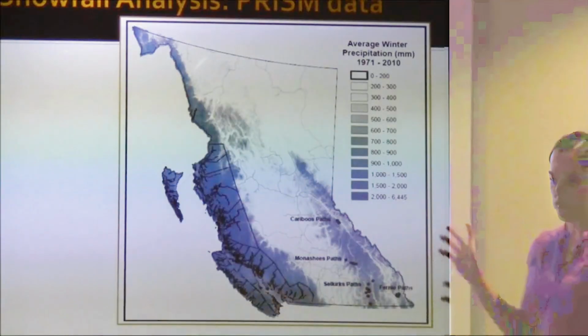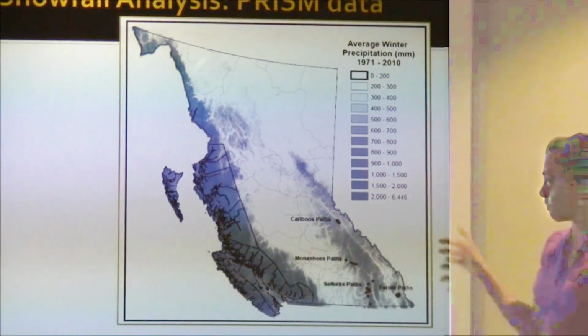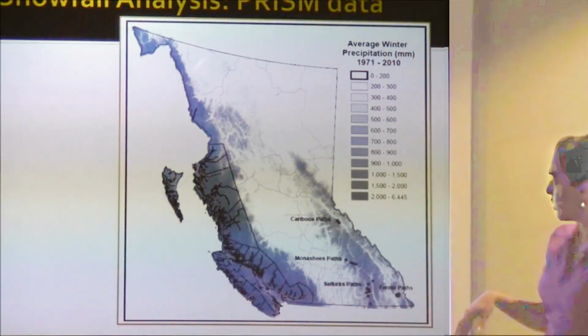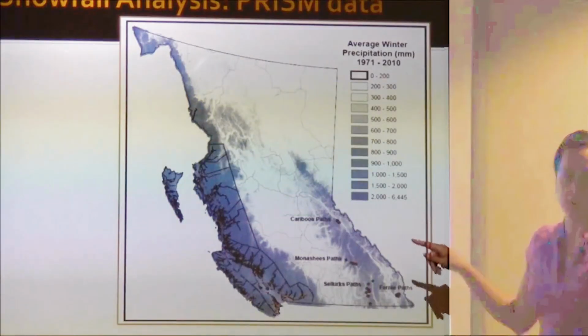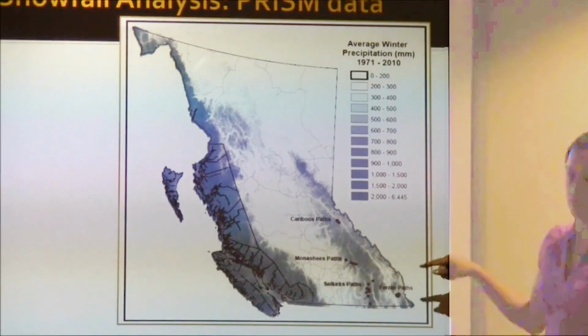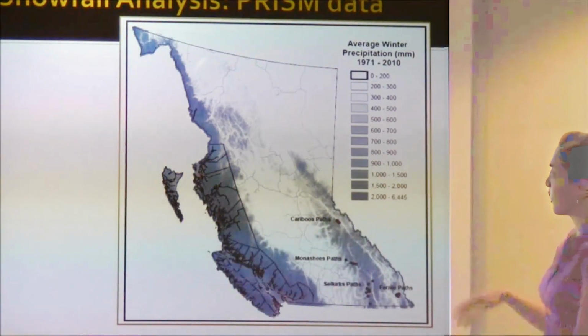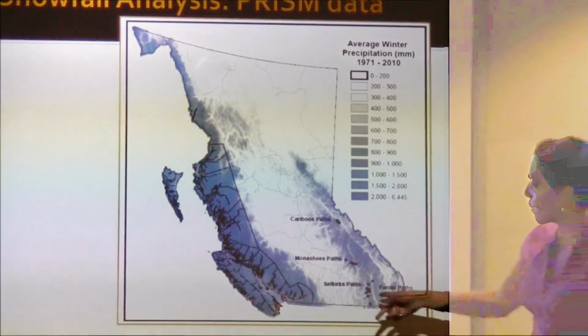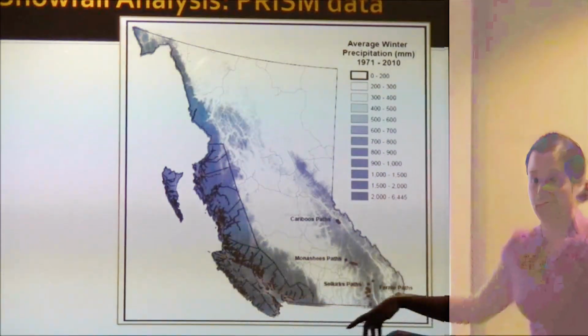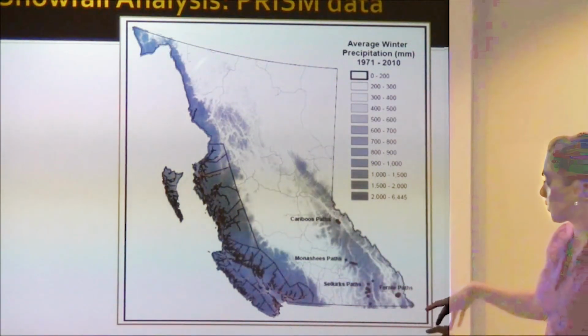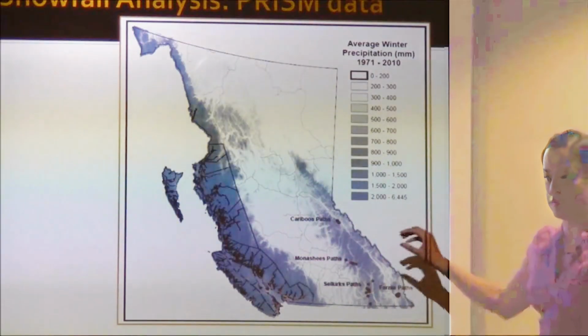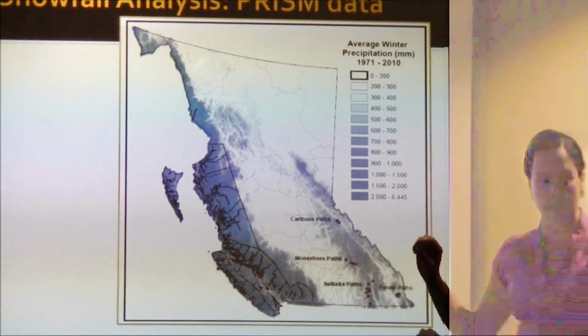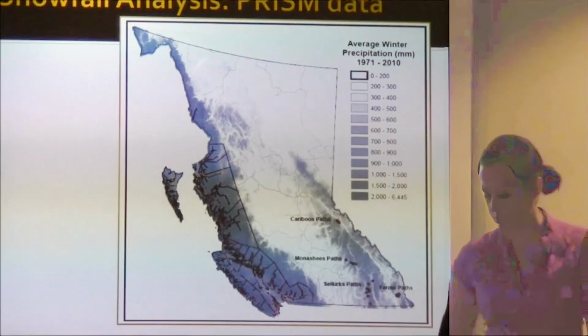They've done this across the states and for select regions in Canada as well. It's a 2-kilometer pixel showing average precipitation that we've converted into winter precipitation. The darker blue areas show more precipitation and the lighter areas show less. We also extracted the value for each avalanche start zone to get a precipitation data point that way as well.